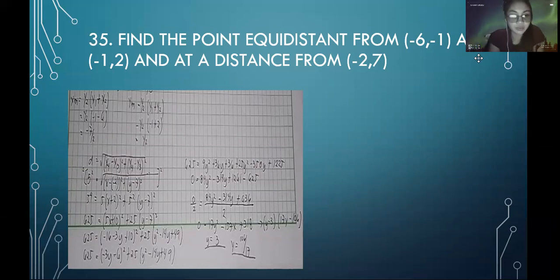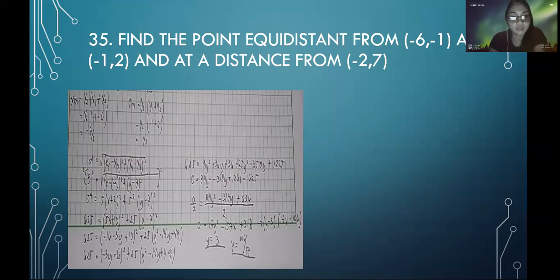So 625 equals 9 squared plus 36y plus 36 plus 25y squared minus 350y plus 1435. Then transpose 625 to the left, excuse me. So it will become 0 equals 84y squared minus 314y plus 1261 minus 625.